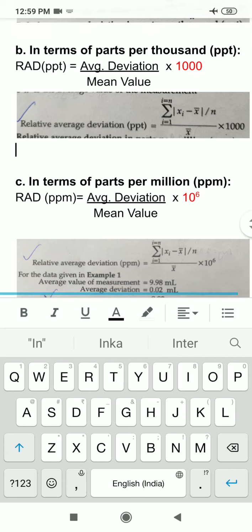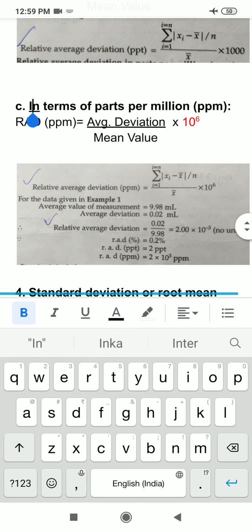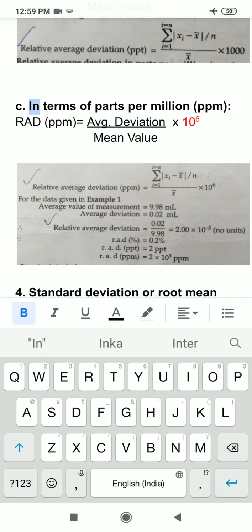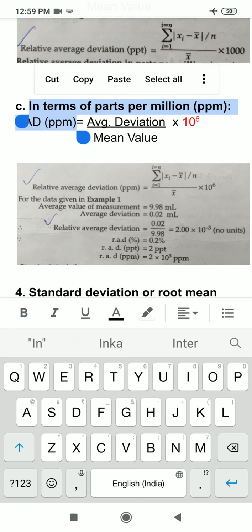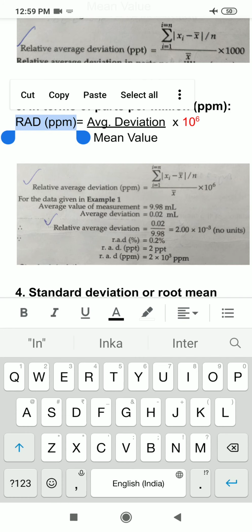Next is relative average deviation in terms of parts per million. This is again similar to the previous one. I will write it as RAD in brackets ppm. RAD in ppm means relative average deviation in terms of parts per million. 1 million is 10 lakhs, so 10 lakhs means 10 raised to power 6.